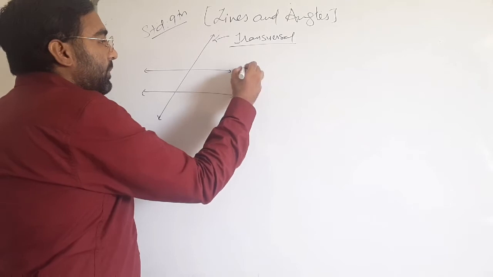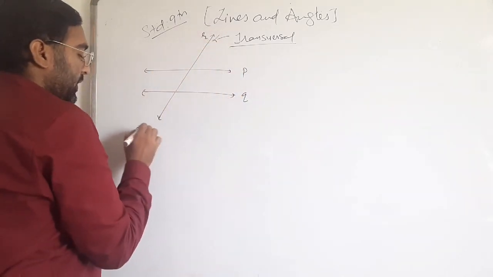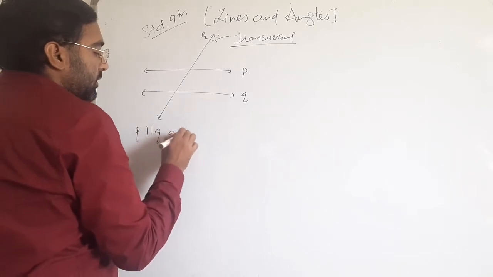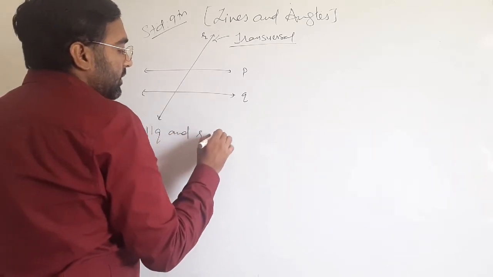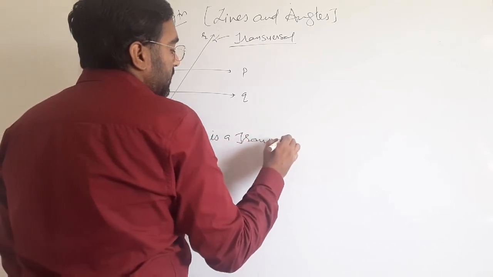I'll name this P, and this is Q, and this is R. So P is parallel to Q and R is a transversal.